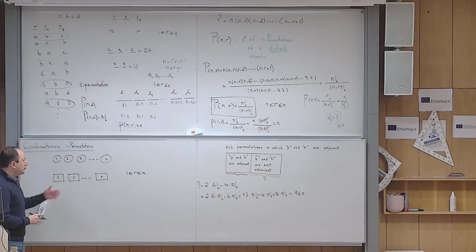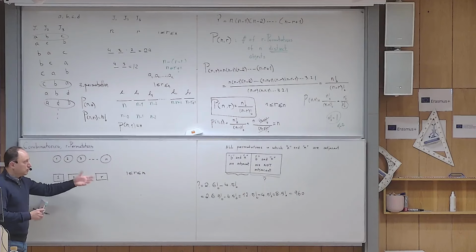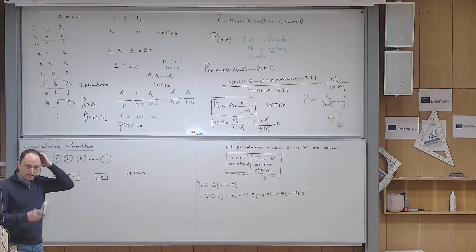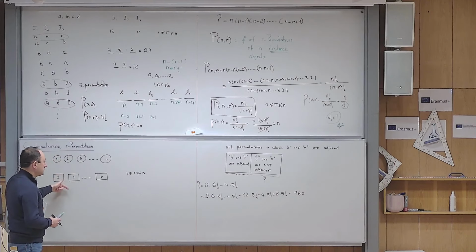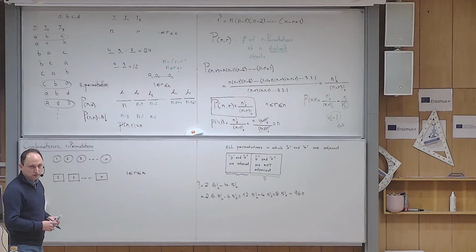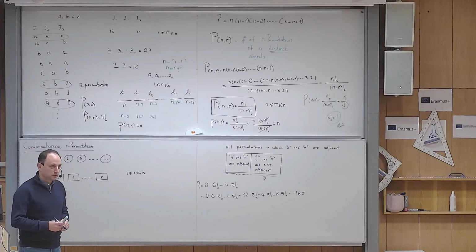Whenever you want to choose r of them and put exactly one in each one of these boxes, then you are facing this r-permutation model. If I ask you how many ways you can distribute these marbles inside these boxes so that in each box there is exactly one marble, this is this model. Is that right?